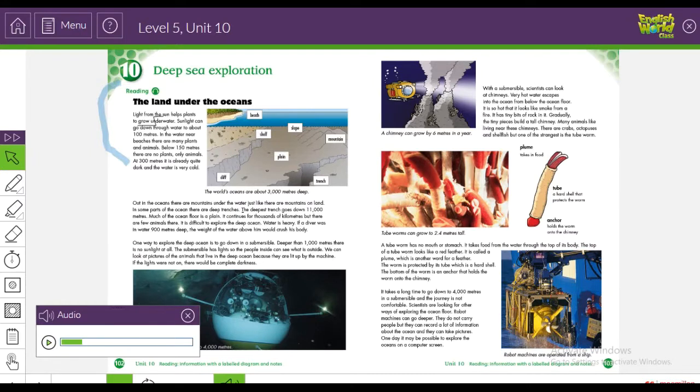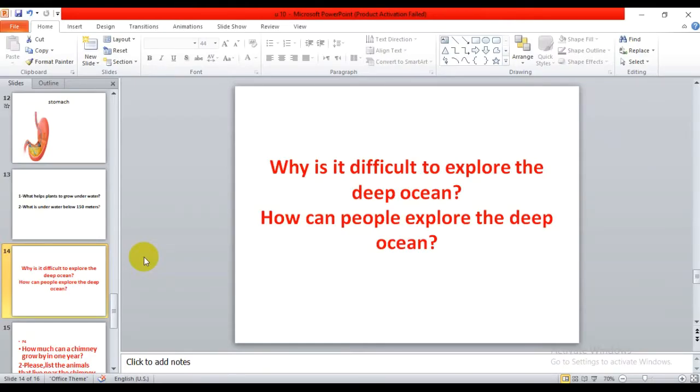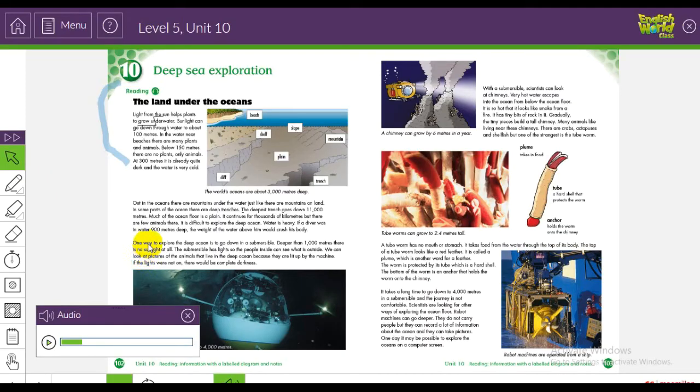Now you're going to listen again to paragraph number 1, number 2, and number 3, and remember the 2 questions. Why is it difficult to explore the deep ocean? And how can people explore the deep ocean? Let's start. Ready, steady, go.